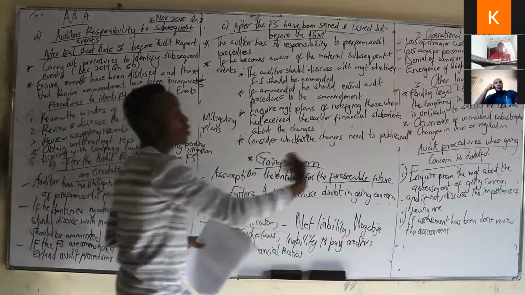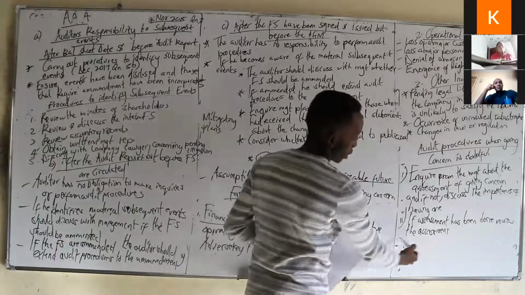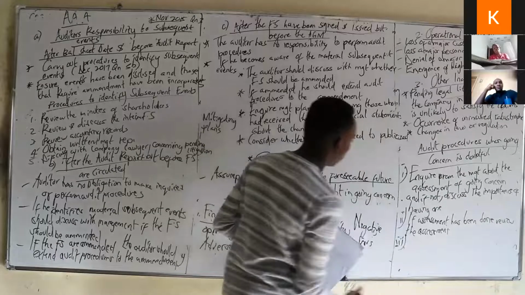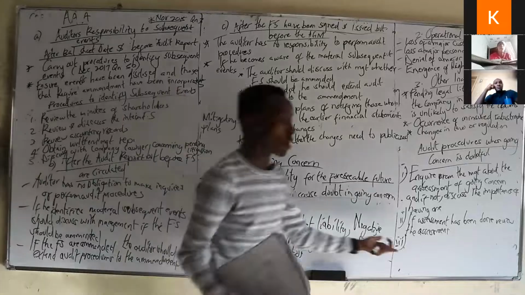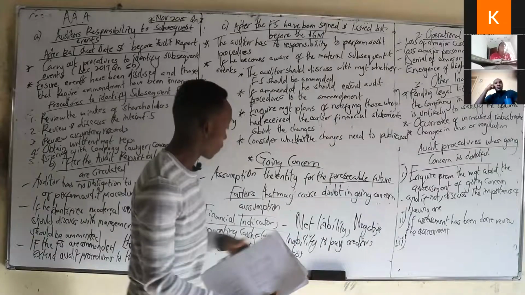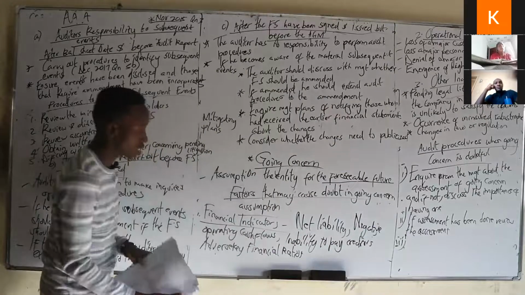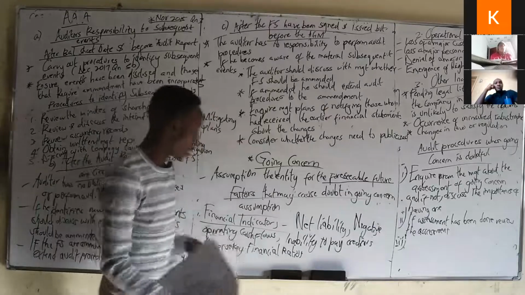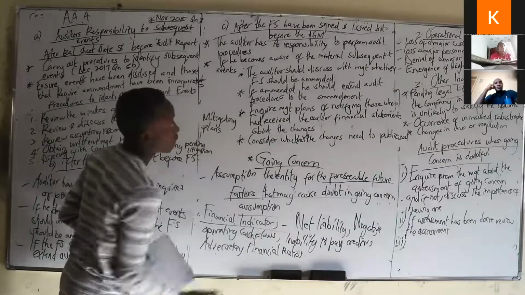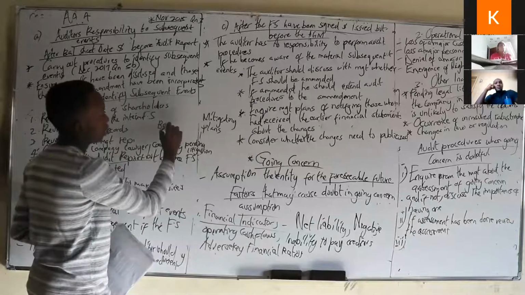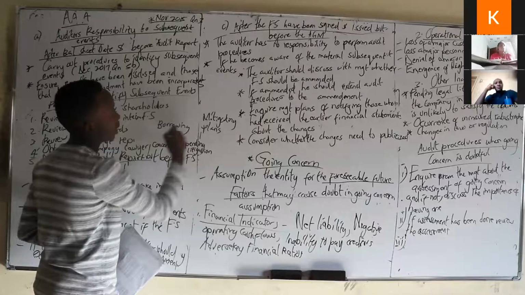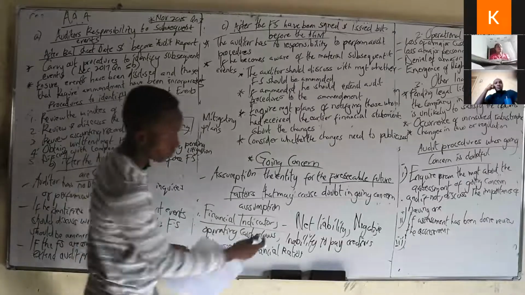That if the going concern is questionable, then the management has to come up with mitigating plans of action. And one of the mitigating plans of action would be, for example, if they do not have enough finances, then they would borrow. That is on borrowing, which we will look at also. They will borrow to finance their activities.